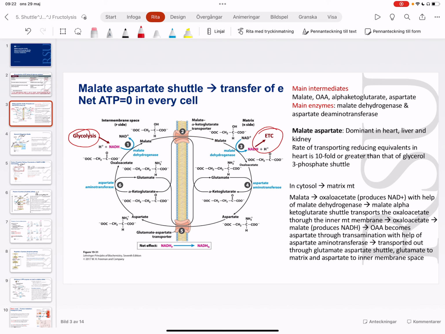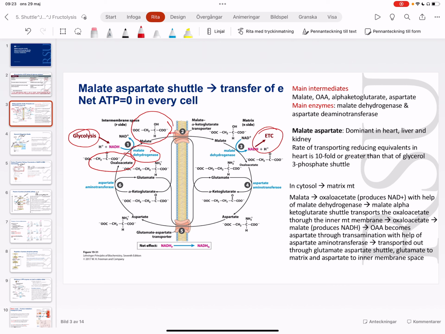So what we do is that we convert oxaloacetate to malate, by using the malate dehydrogenase enzyme. And when we do that, we will kind of store hydrogen or electrons in the malate molecule.